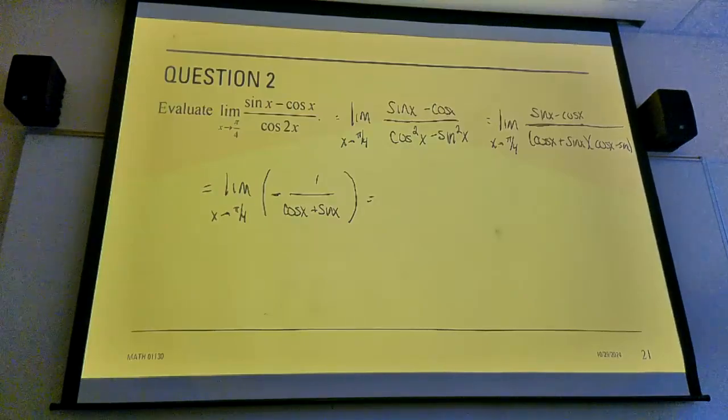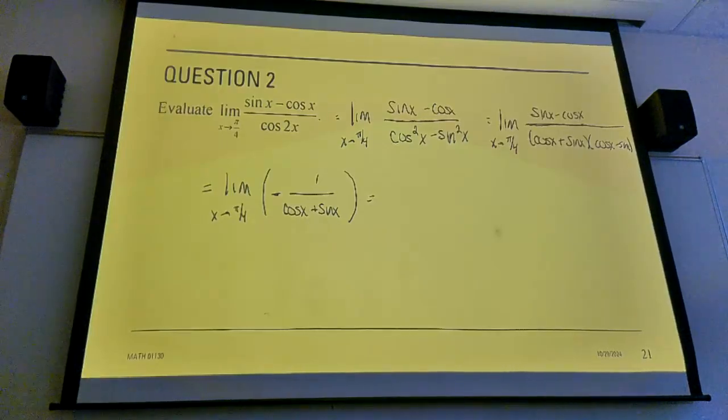Cosine of pi over 4 is square root of 2 over 2. What is sine of pi over 4? Same thing, square root of 2 over 2. What's root 2 over 2 plus root 2 over 2? Which is exactly what you would get using L'Hopital's rule.